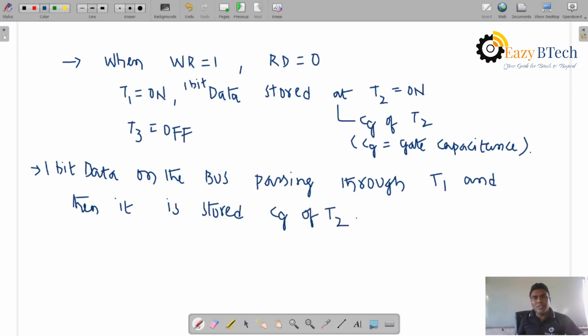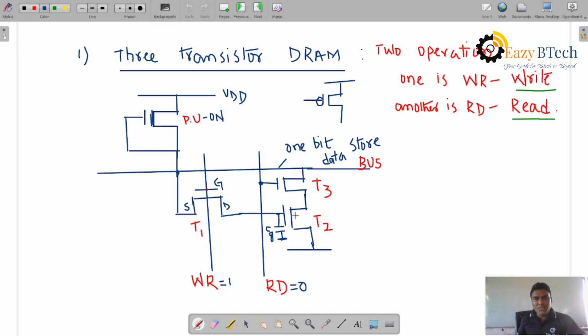This happens when write operation is equal to 1. So we write into the transistor cell, the memory cell. What is a memory cell here? Transistor is a memory cell.